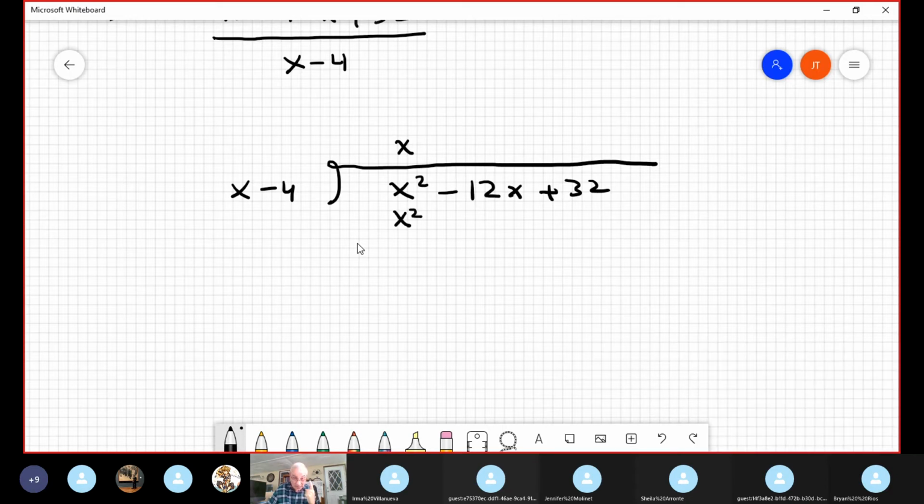Then x times -4 is -4x. Everyone follow me so far? Now subtraction, and in subtraction you change the sign. Minus becomes plus. This cancels, always happy. And this is -8. And bring down 32.